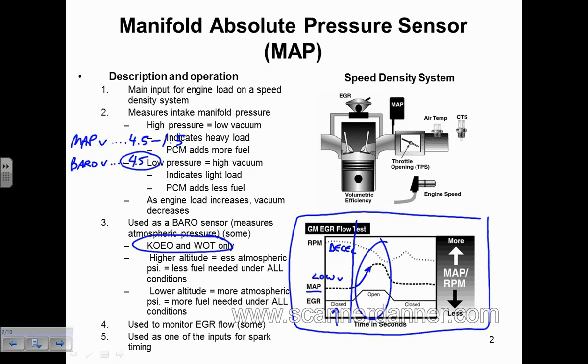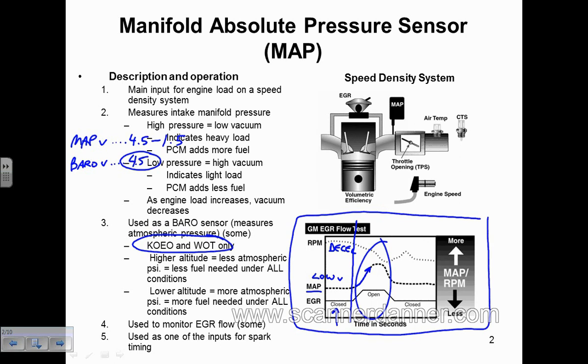You're decelerating that engine, you're still pulling fuel in. It's not needed. It's not part of the process. The rear wheels are driving the crankshaft during a decel. So it doesn't matter what we do with the mixture, you're not going to feel that. That's where your EGR flow codes are going to come from. The MAP sensor can be used as a flow monitor.